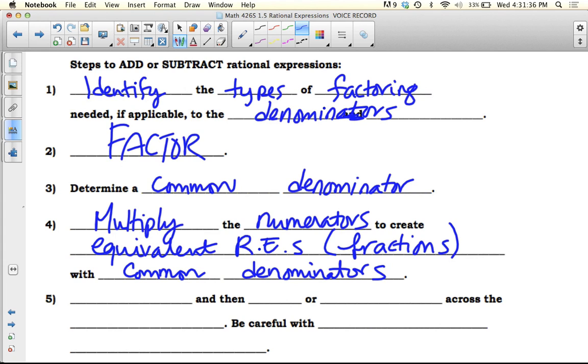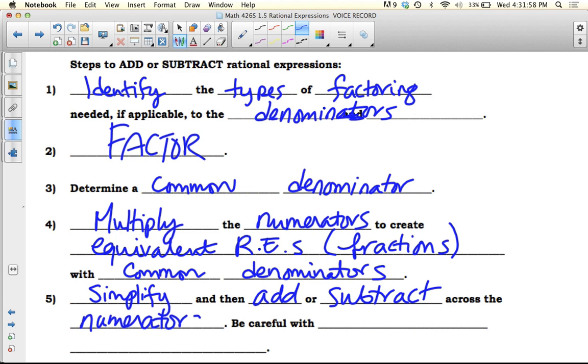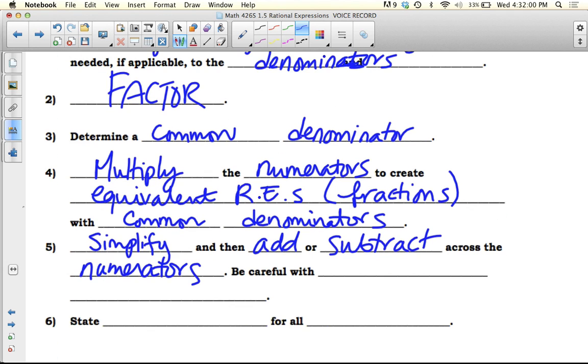Then we're going to simplify across the top. This is when we're doing the FOILing or just the multiplying out, and then add or subtract those expressions across the numerators. I'm going to remind you to be really careful with the distribution of subtraction.